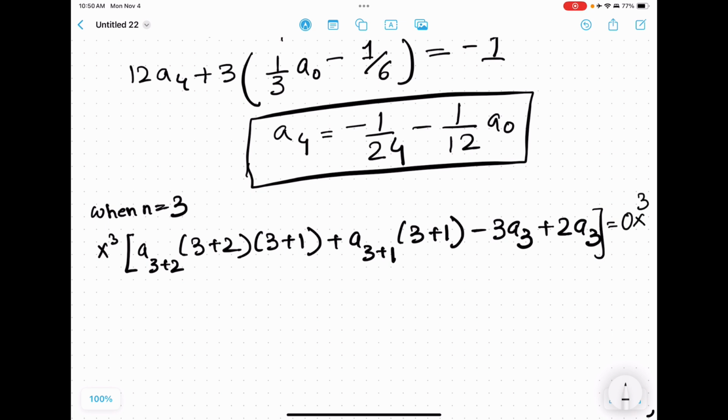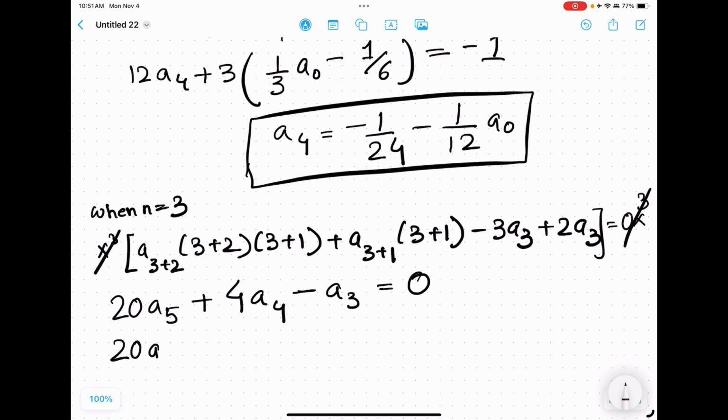Now taking out the x cubes, I have 3 plus 2, which is 5, and 3 plus 1, which is 4. So 5 times 4 is 20, a sub 5, then plus 3 plus 1, which is 4, a sub 4, and then I have negative 3a sub 3 plus 2a sub 3, which is just negative a sub 3 equals 0. So I have the values for both a sub 3 and a sub 4.